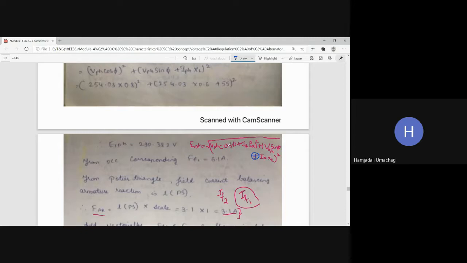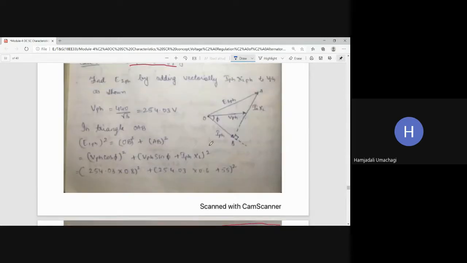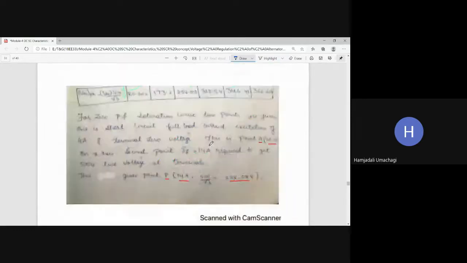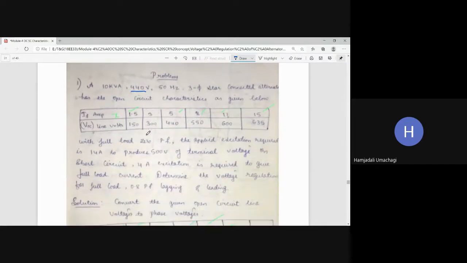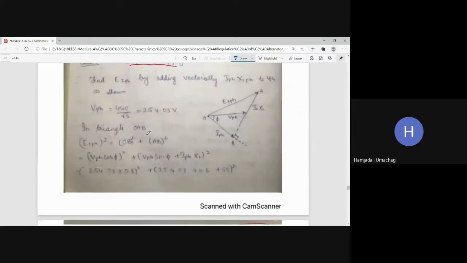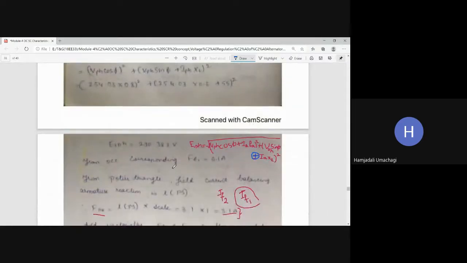Now, what is V phase? V phase means, what is the line voltage here in the problem statement? VL, 440 is the line voltage. 440 by root 3, how much will it be? VL is equal to 440 volts. 254.034, sir.